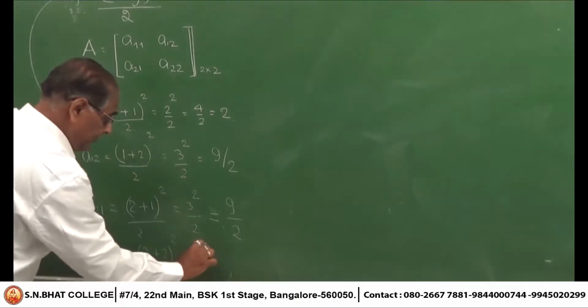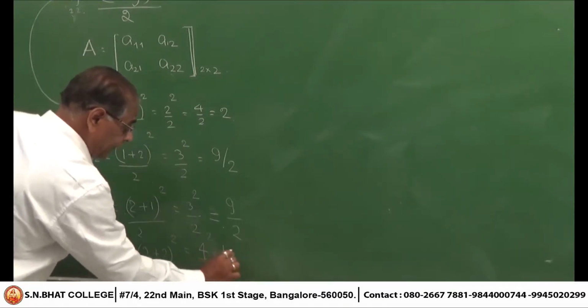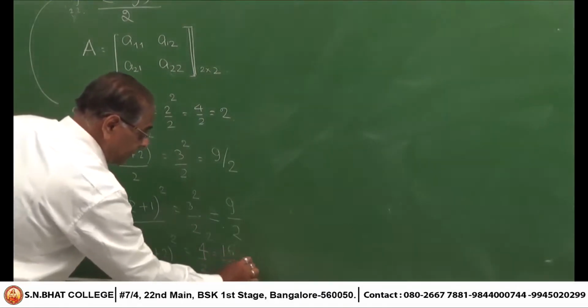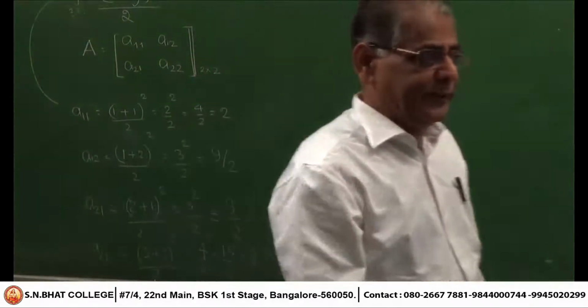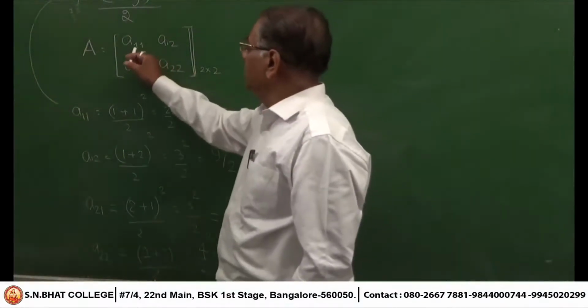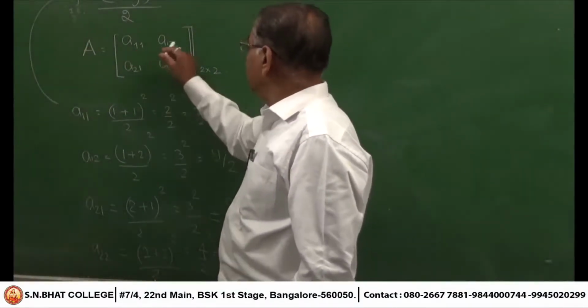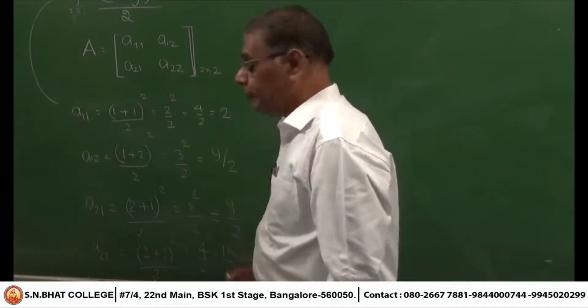This is 2 plus 2 is 4. 4 square by 2. This is 16 by 2. This is nothing but 8. I have calculated all the 4 elements A11, A12, A21 and A22.